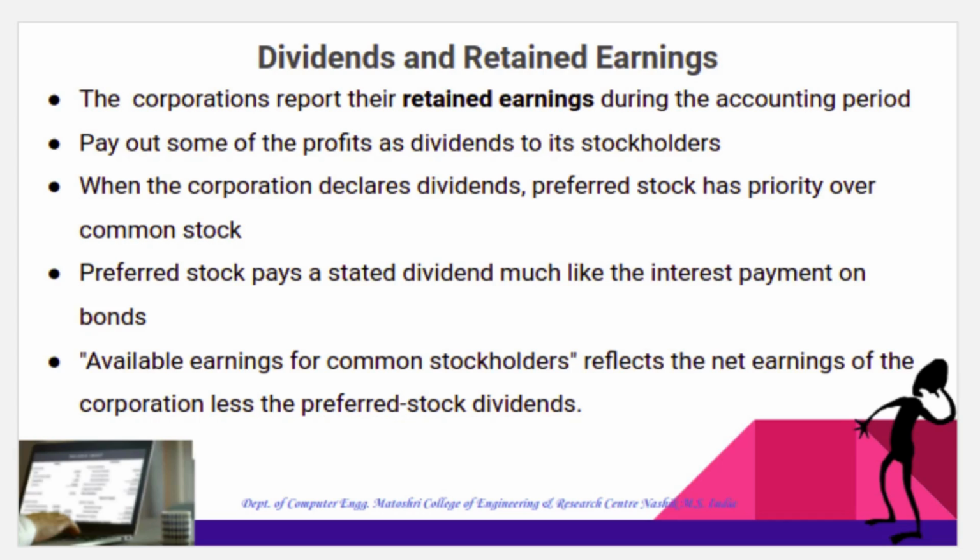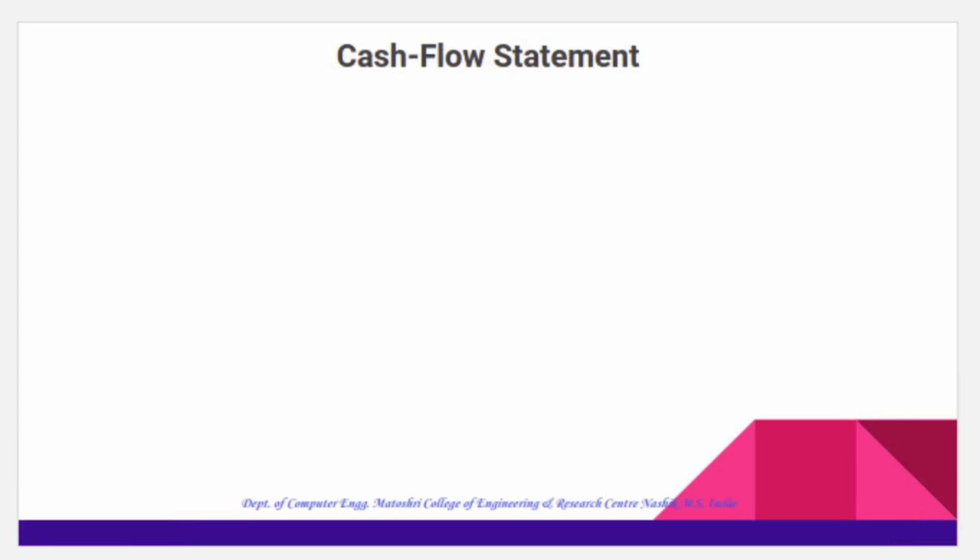When preferred and common stock dividends are subtracted from the net income, the remainder is retained earnings, that is, profit for the year. As we had seen in our previous example, these retained earnings are reinvested in the business. So next we will learn one more important statement, and that is the cash flow statement.